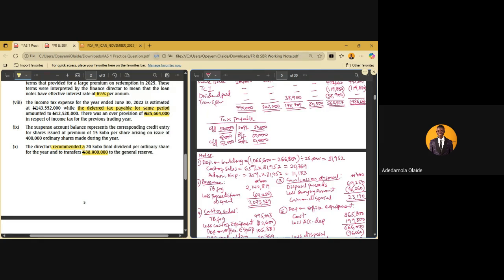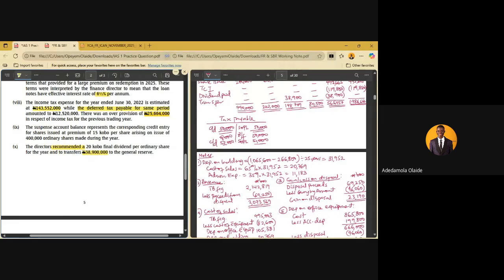So what I'm trying to say in essence is this over provision is supposed to reduce the provision for the year, what we'll now be having as our payable at the end of the year.